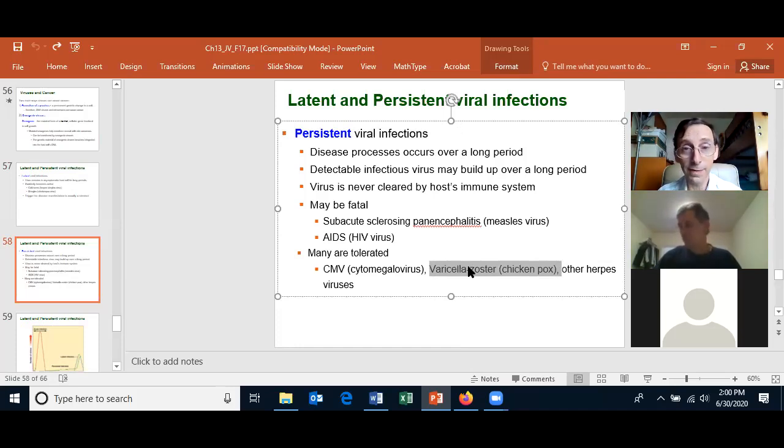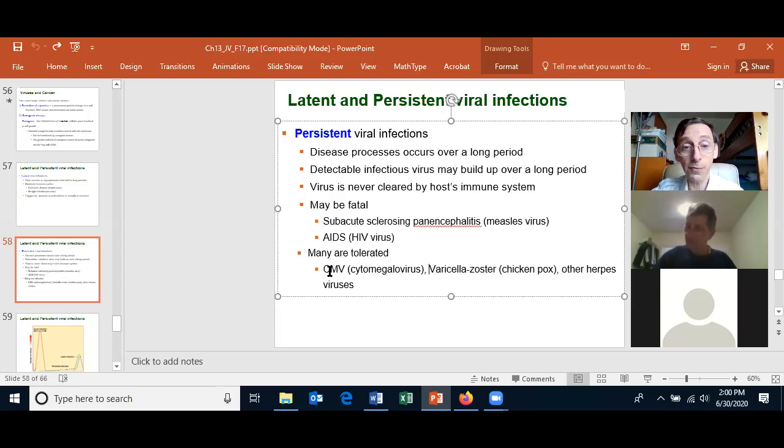And it's not really a persistent virus infection, because the shingles are only infective for about 2 weeks. I'm not sure why some patients always have shingles. It's about 1 in 1,000 patients who come down with shingles, maybe even less than that. Let's not even talk about it.